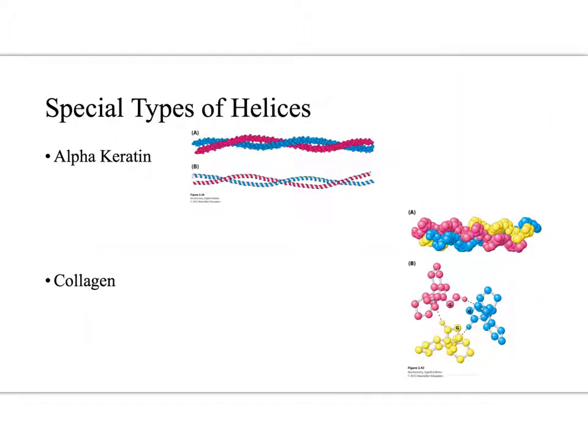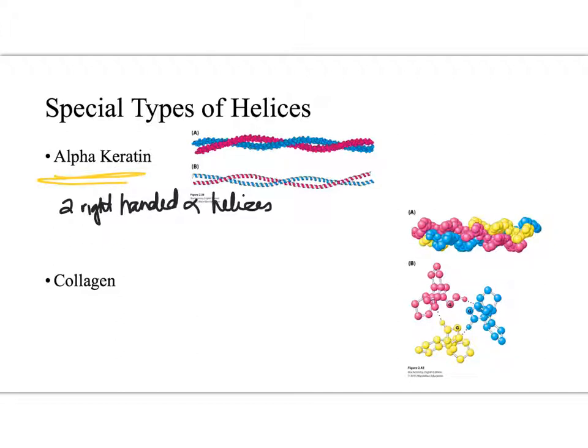Now we talked about helical structures, and we do have a couple of special types of helices that we encounter when we're looking at protein structure. Alpha keratin and collagen are two special types of helices. Alpha keratin, this top structure here, is comprised of two right-handed alpha helices, and these two right-handed helices are intertwined.